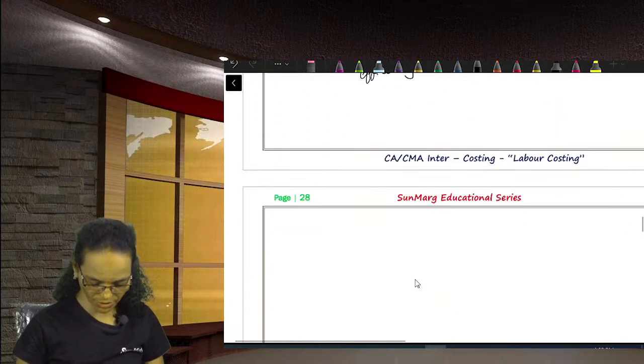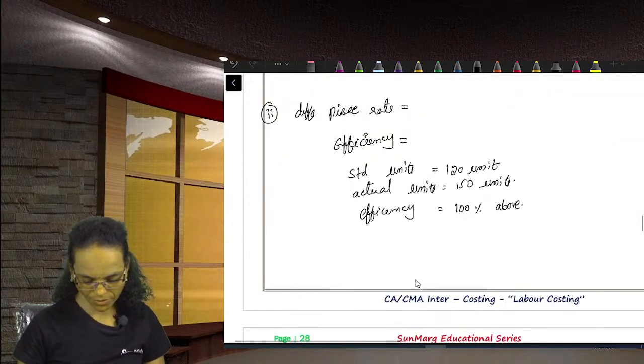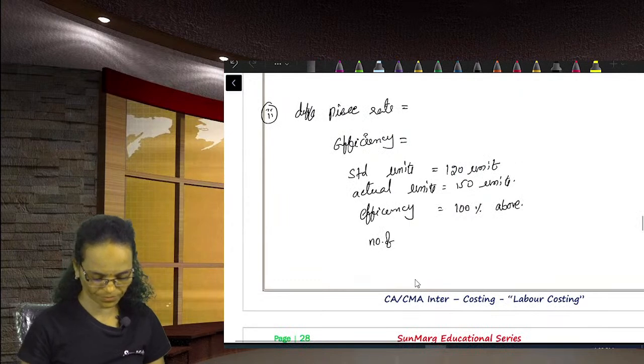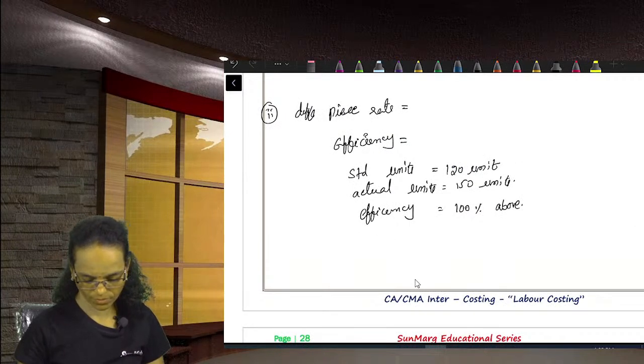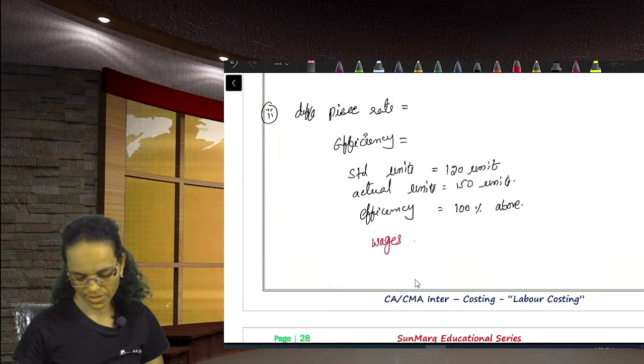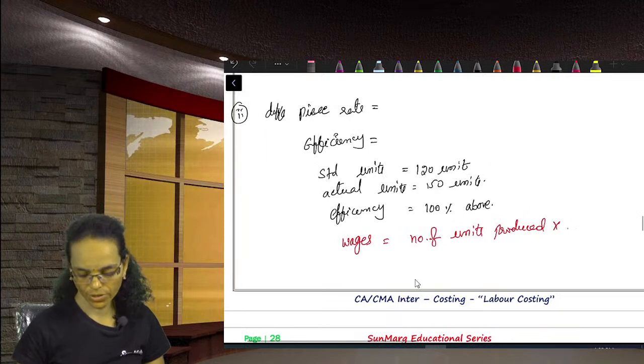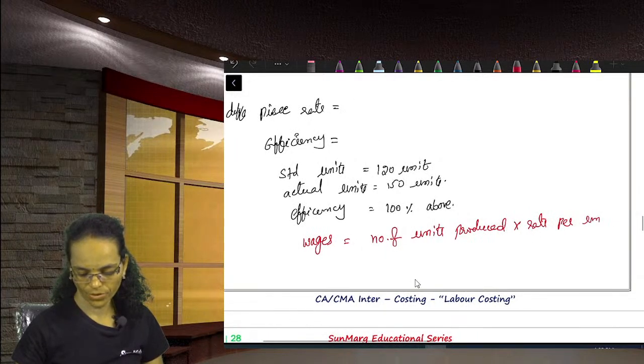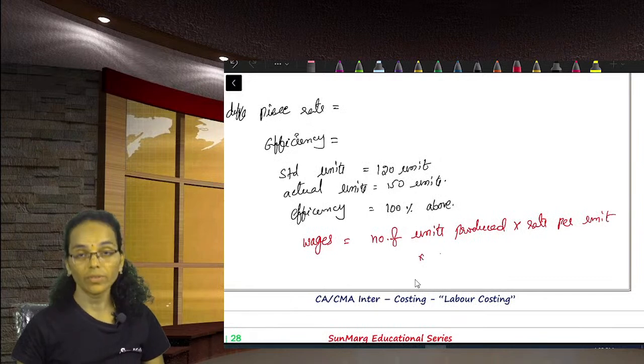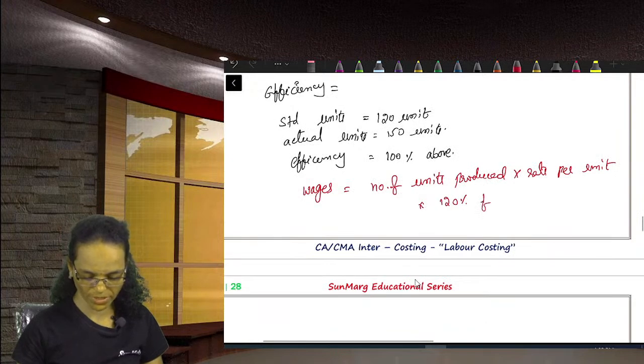So wages, I can say, number of units produced into rate per unit into the bonus percentage, 120% of piece rate.